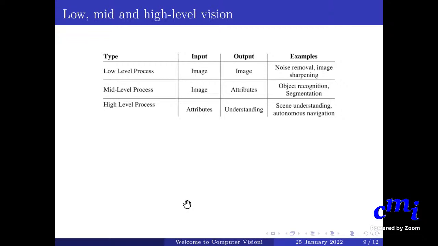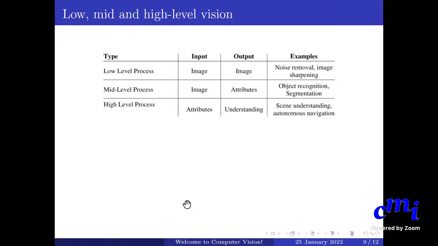This is just some kind of nomenclature to understand, when one is designing the process, what level of steps are being involved. But low, mid, or high has nothing to do with importance. I think all three are equally important. It's just to do with the difference in what your input is and what your output is.